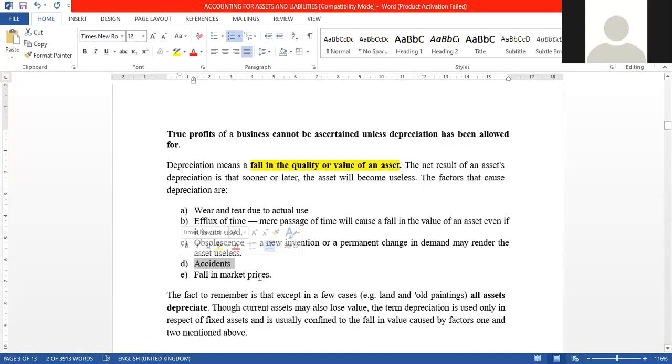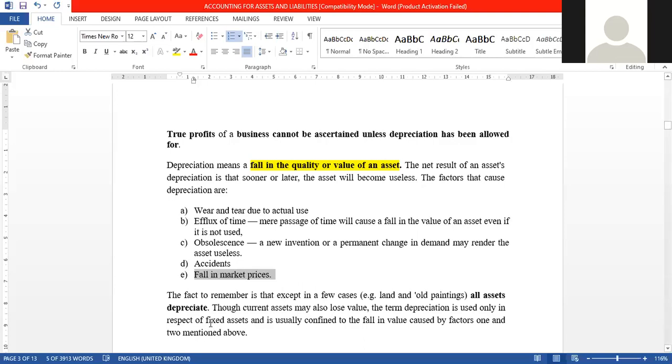Sometimes you may also have a fall in market prices. You bought it at 12 million, technology has changed. Right now you can buy the same equipment, the same quality, at 5 million. And therefore, again, you factor in depreciation. Now, the fact to remember is that except for a few cases, like land, all other assets will depreciate.